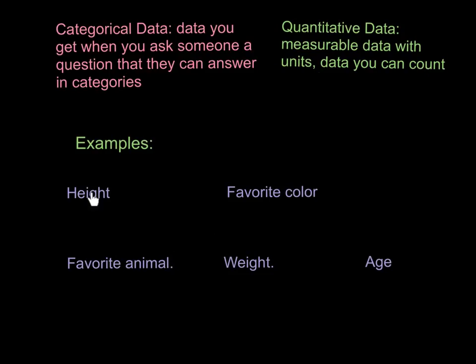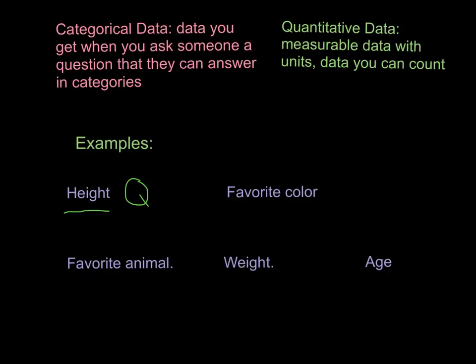Looking at height, I'm going to use this green color with the quantitative data. Height would be in inches or feet or both, so we can measure that. We're going to write a Q next to that because it's quantitative.